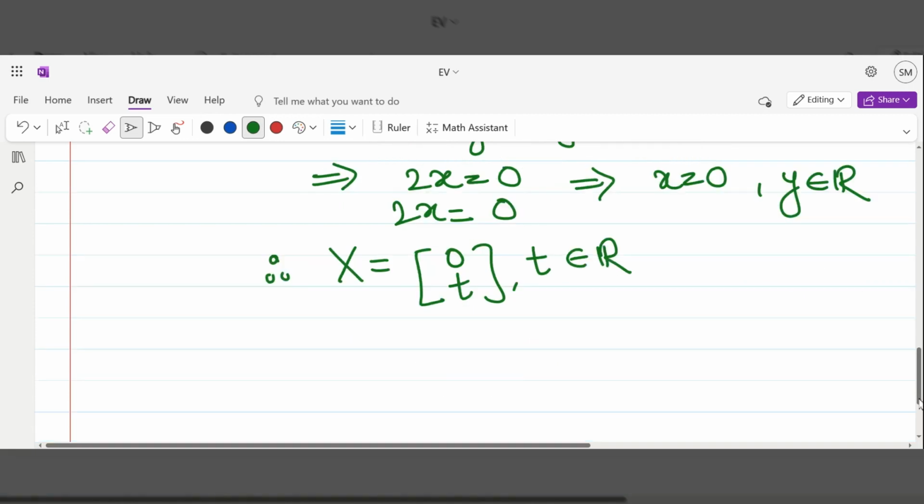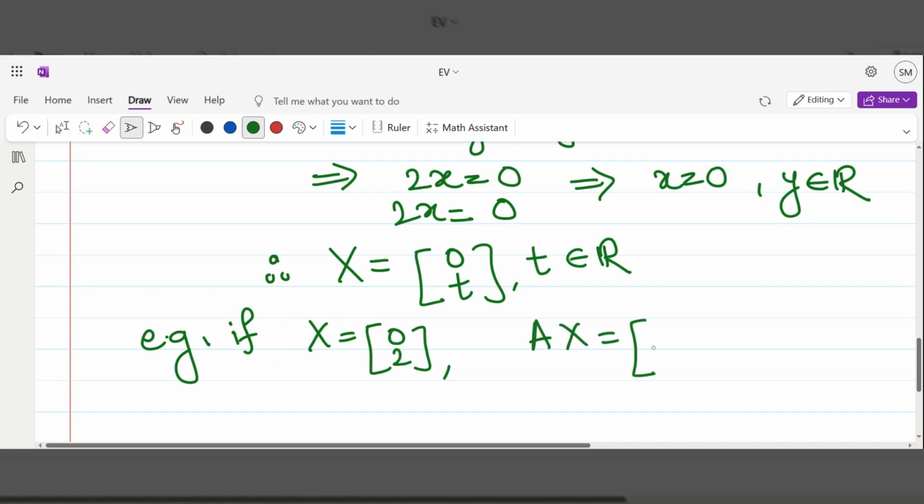For example, if capital X is equal to (0, 2), let's see what happens. A into x is [1 0; 2 -1] times x, which we have taken as (0, 2).